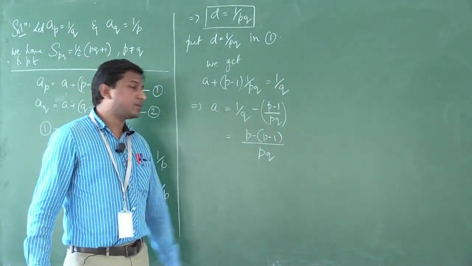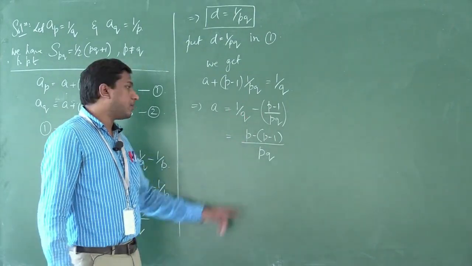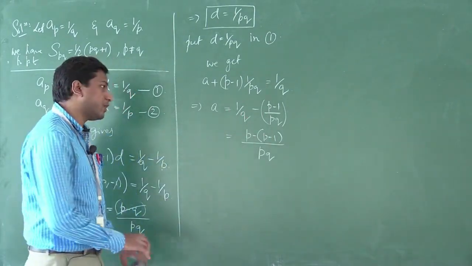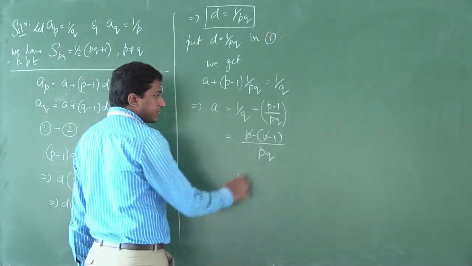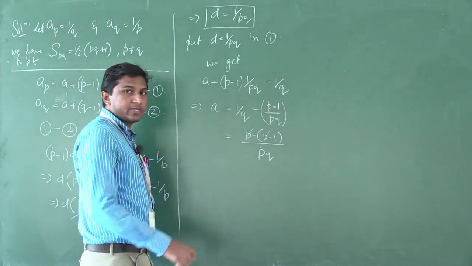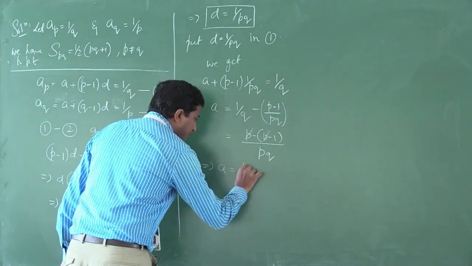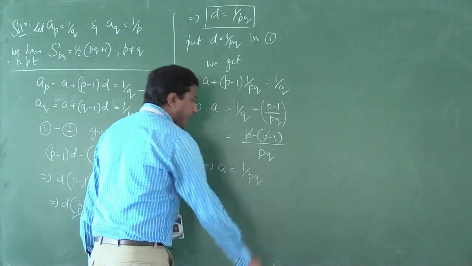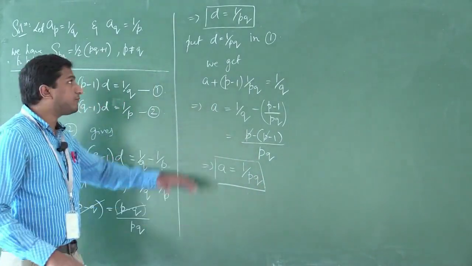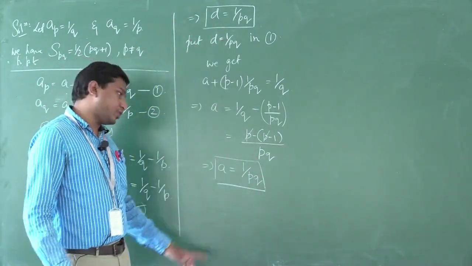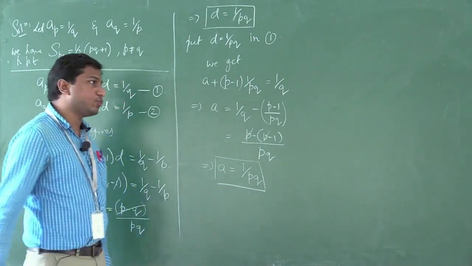So when we take the LCM as pq on the RHS, we get p minus of p minus 1 by pq, plus p minus p cancels, minus into minus 1 is plus 1. So what is a equal to? We are getting it as 1 by pq. So the value of d is 1 by pq, and the value of a is also 1 by pq.